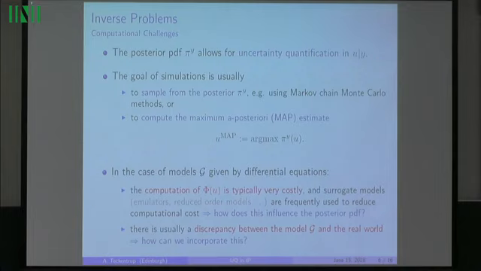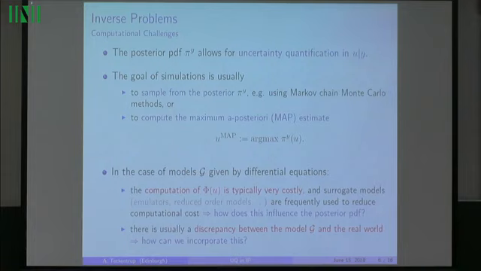So the definition that I'm using for surrogate models here is very close to what Max was using earlier this morning. So by surrogate models, I just mean any function that approximates the true function phi that you're interested in, but which is a lot cheaper to compute. Okay?